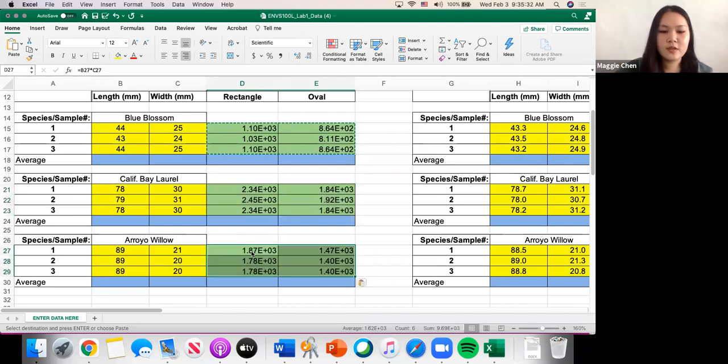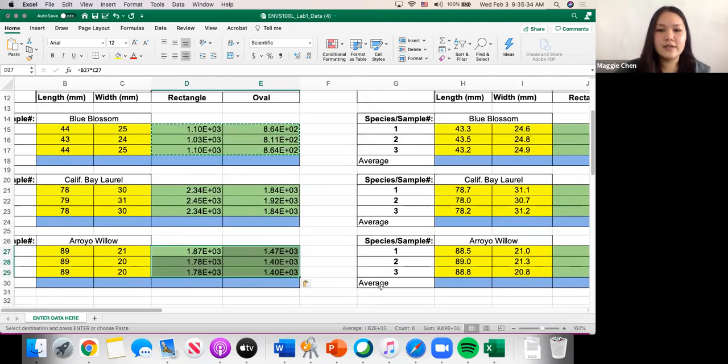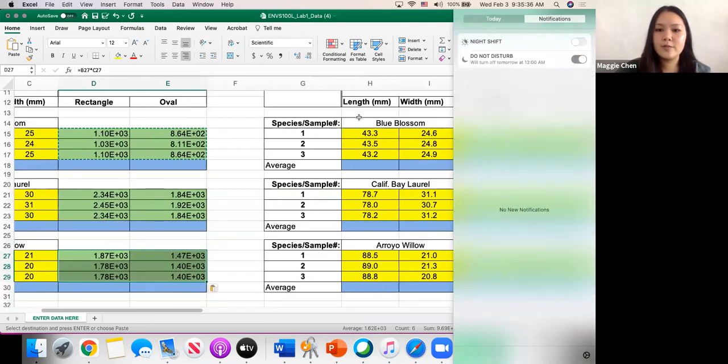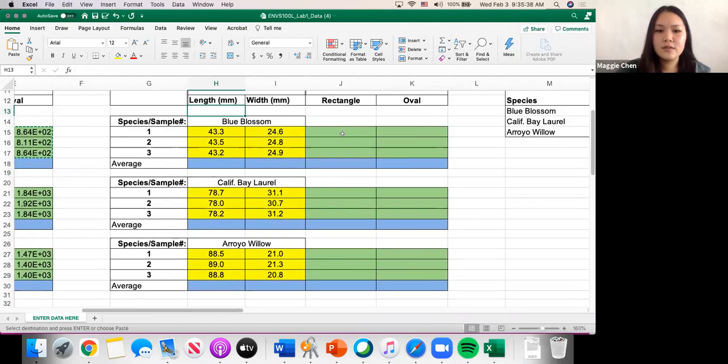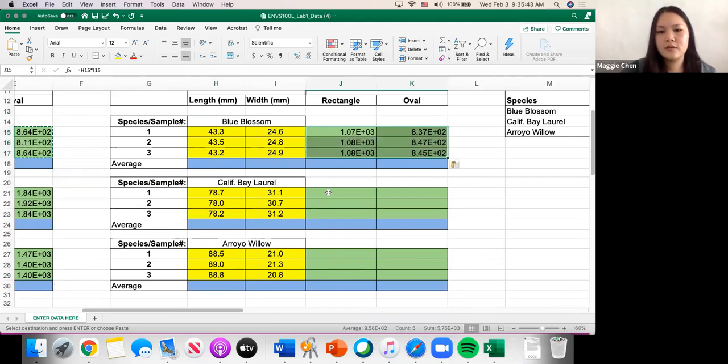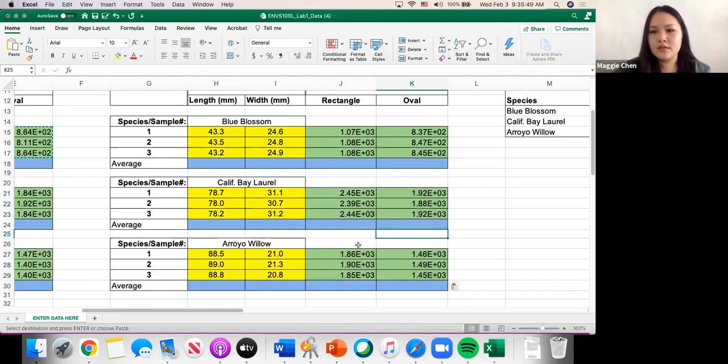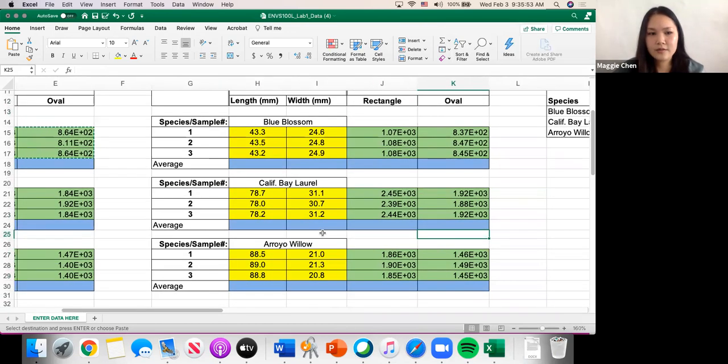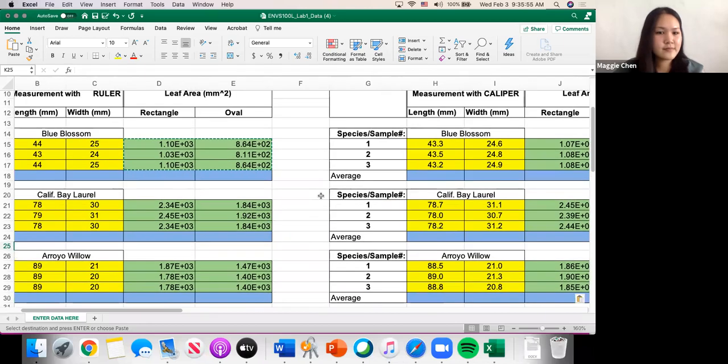So we'll just Command V, and we can do that for the caliper measurements on the side here too. We'll just click into this green cell and paste. So then all of the calculations that we want to do are auto-filled in.